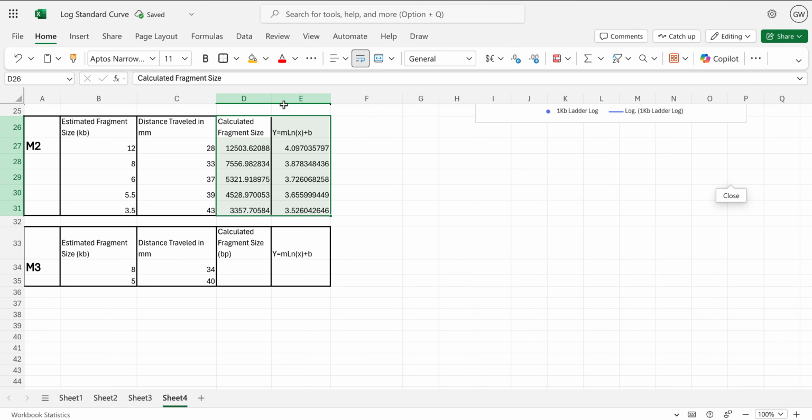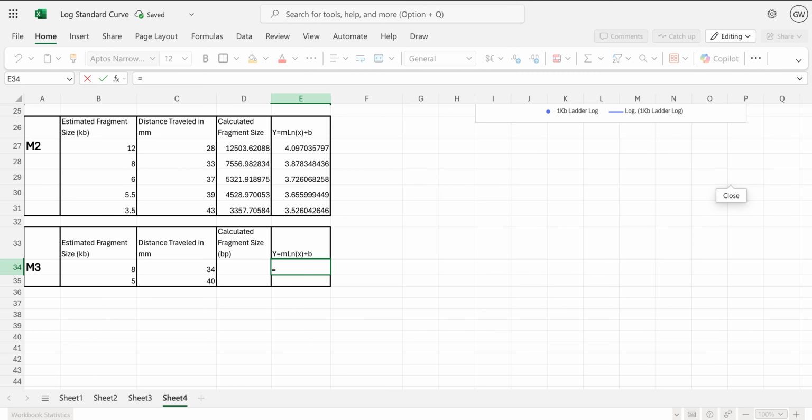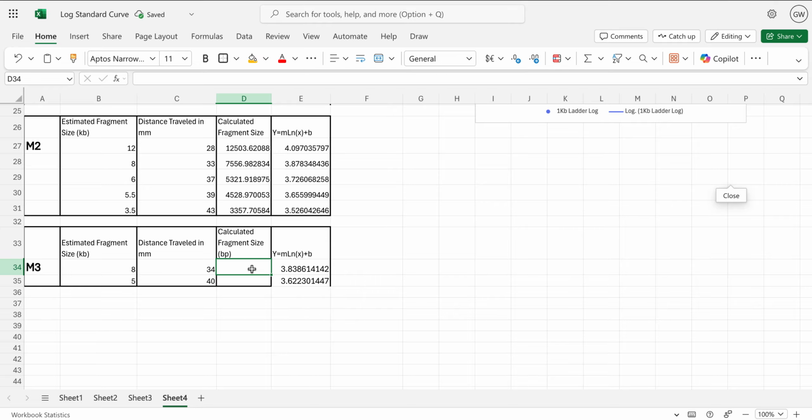Perfect. Last one, 1.331 times the log of the distance traveled in millimeters plus 8.5322. There's our value down there, equals 10 to the value. There we go.